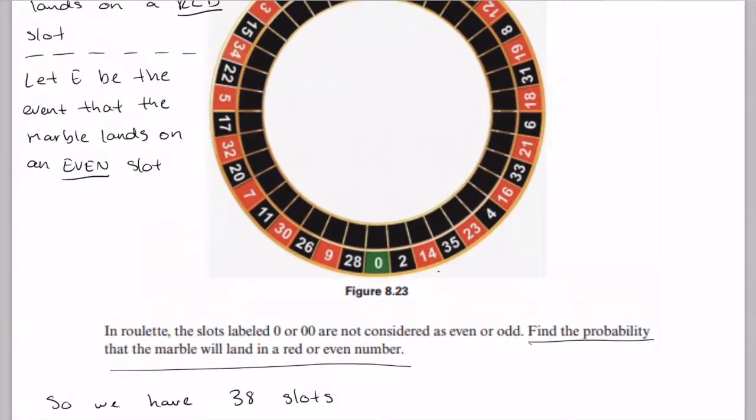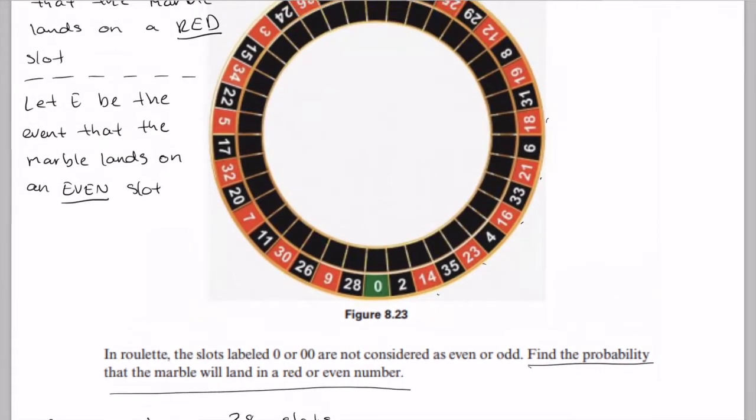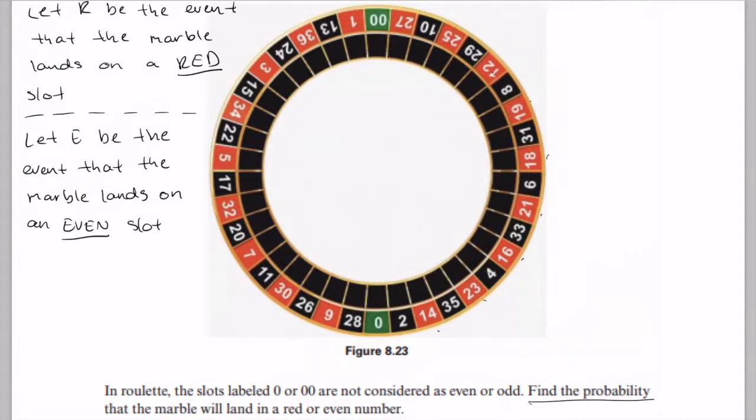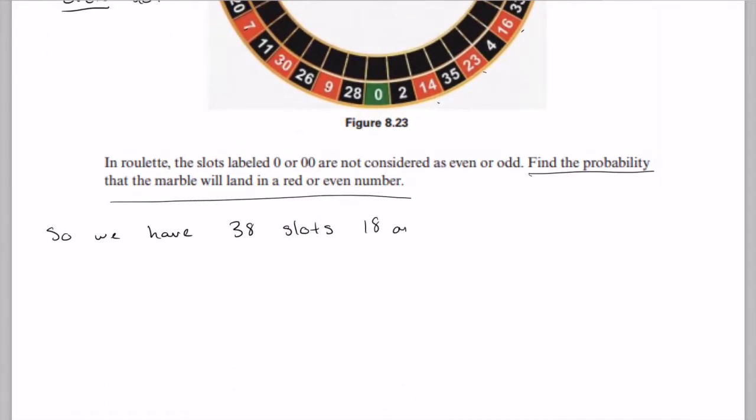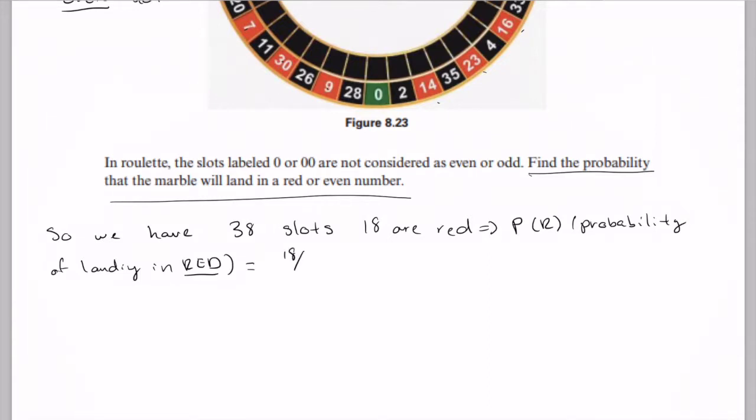So let's see, 1, 2, 3, 4, 5, 6, 7, 8, 9, 10, 11, 12, 14, 15, 16, 17, 18 are red. Then P(R), which is the probability of landing in red, equals 18 out of 38.